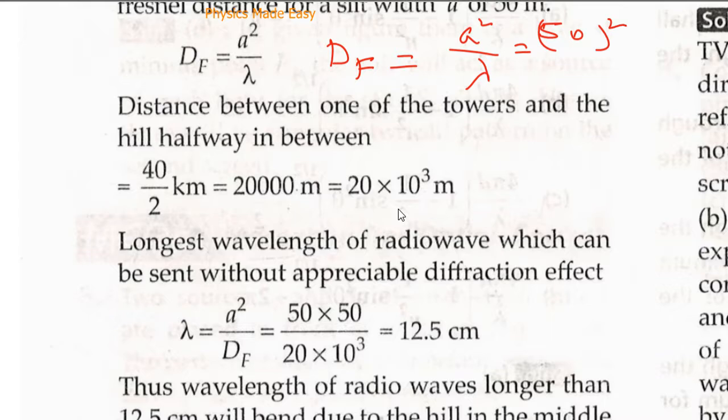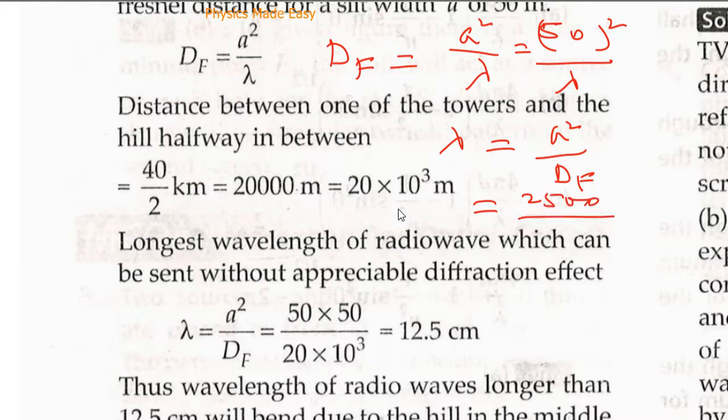If I have to calculate lambda, it is a square by df. I will put the value 50, and df is 20 kilometers, which means 20 combined with 3 zeros. So this cancels, and this will come out to be 1/8 of a meter.